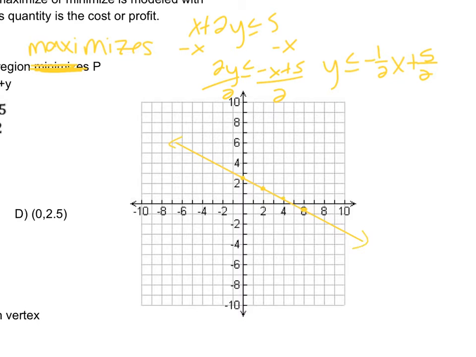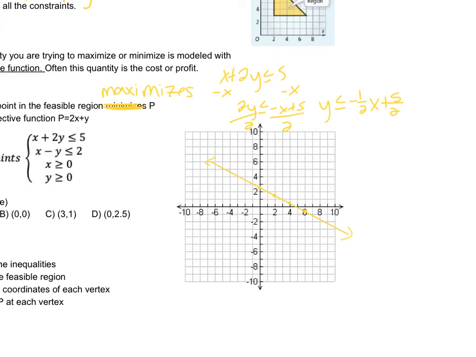Now let's talk about which direction we need to shade. So we're going to be shading y is less than or equal to, so we will be shading below. And this problem is going to look really crazy, but in the next few problems I won't have you shade like this, but for now we'll shade like that.